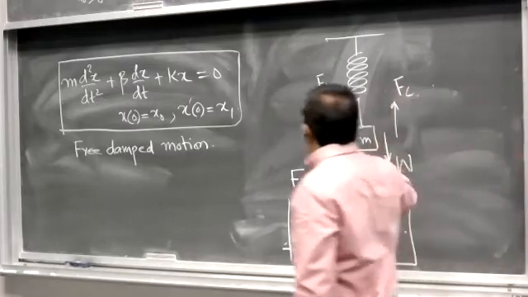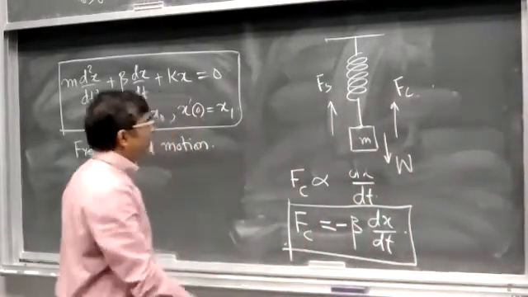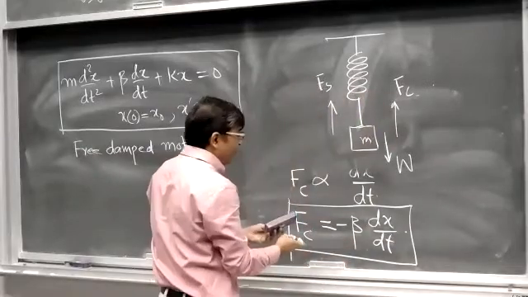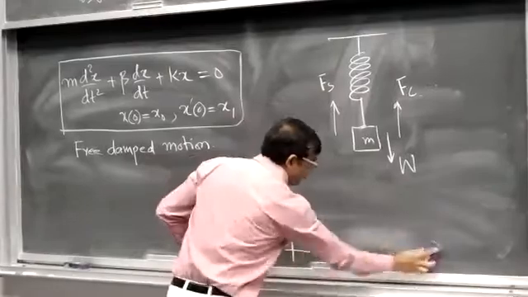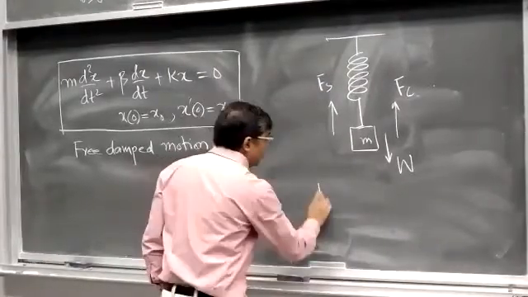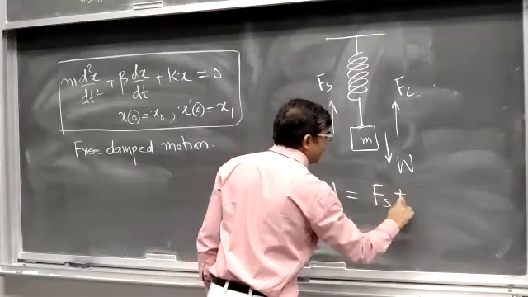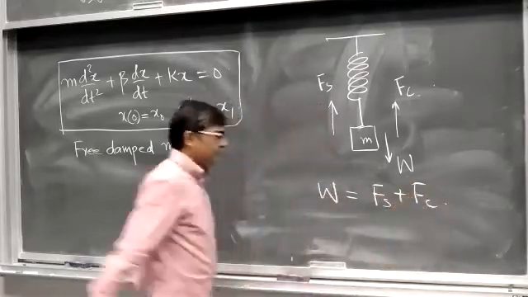Now the equation of motion would become, and how can we express these three forces? W must be equal to Fs plus Fc. Okay.